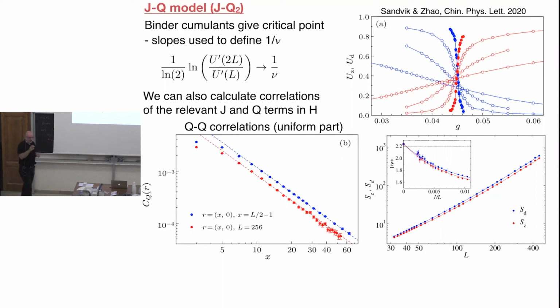But Q itself can also measure the order parameter because this VBS order parameter also can be picked up by these energy terms. But we can extract the part corresponding to the uniform addition of Q terms to the critical point.